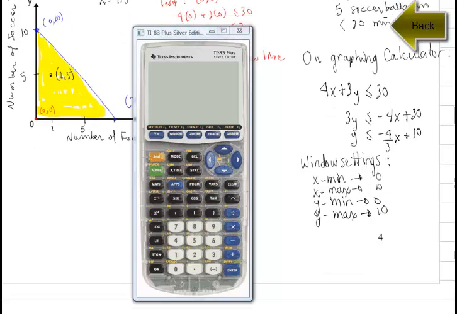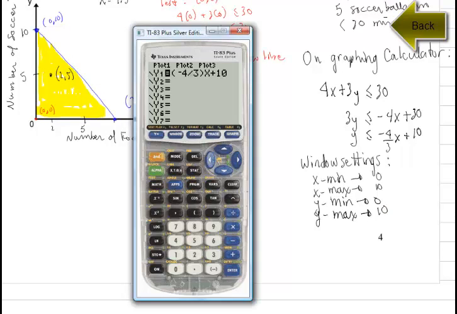And I've already entered the equation into the calculator, and if you go to your window settings, you can see that I've set them in already, so 0 and 10 and 0 and 10.